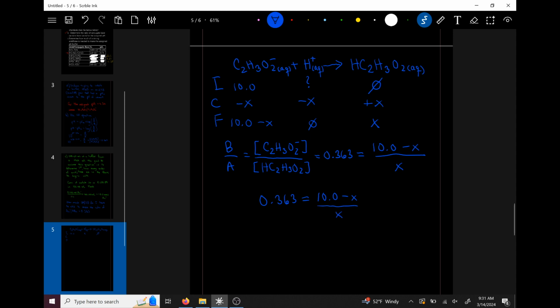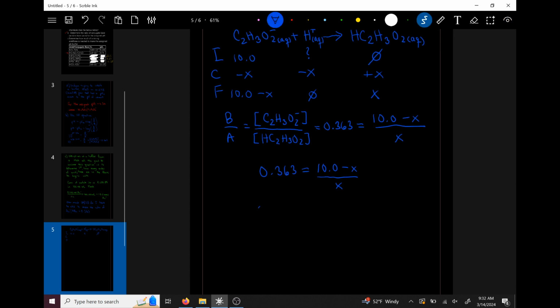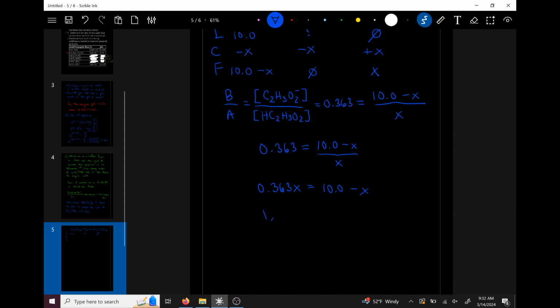I'm going to move this x to the other side, so I get 0.363 x is equal to 10.0 minus x. I'm going to add x to the other side, which gives me 1.363 x is equal to 10. And then I'm going to divide both sides by 1.363.